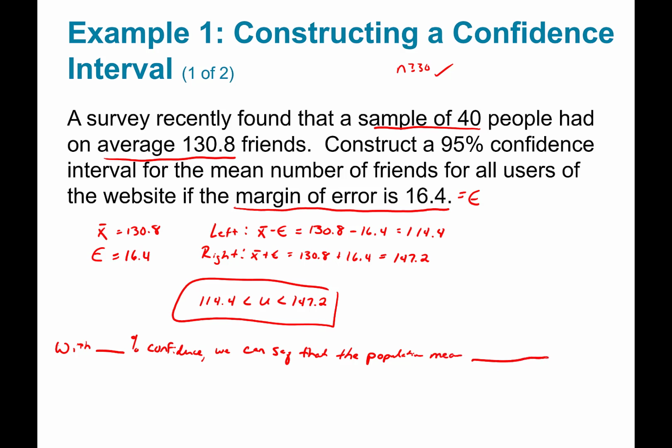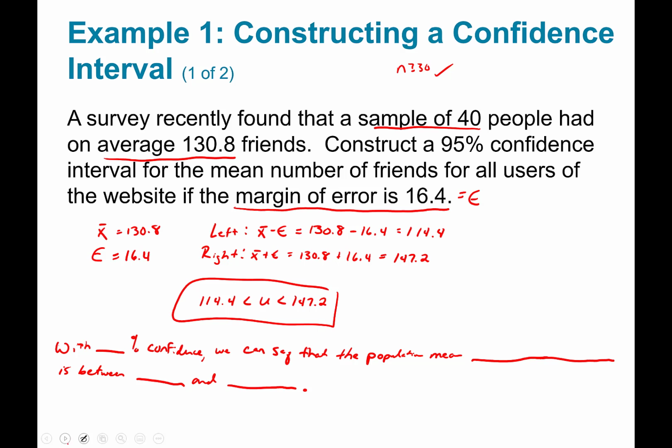So the population mean blank is between blank and blank. Anytime I ask you to interpret something in context, it's always going to have this same layout. So if you just remember this general sentence, you can just plug the values in.